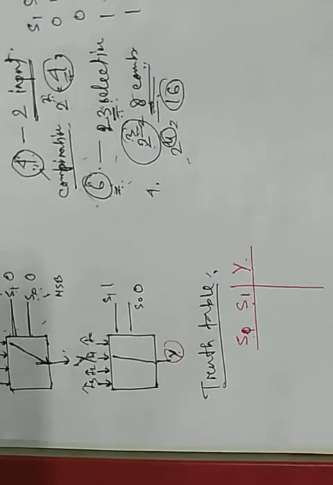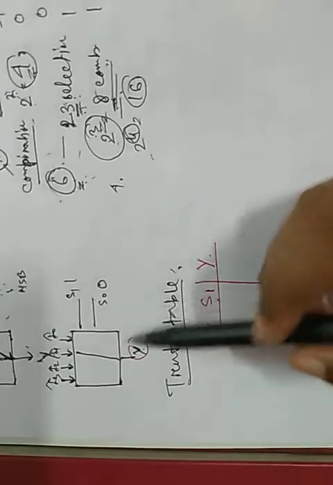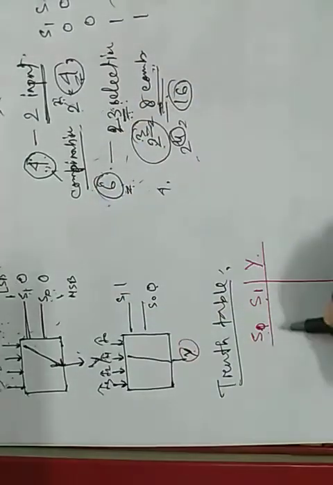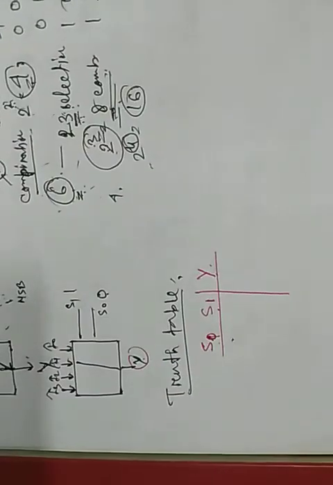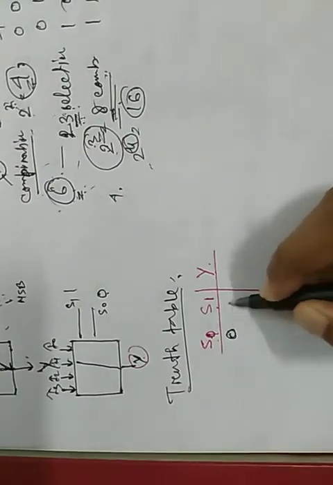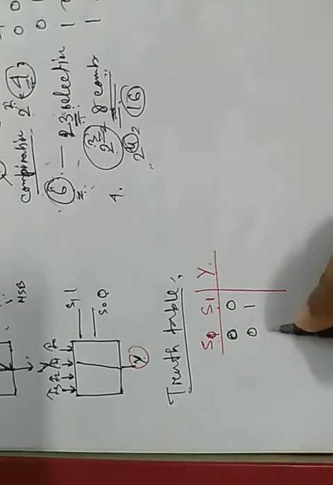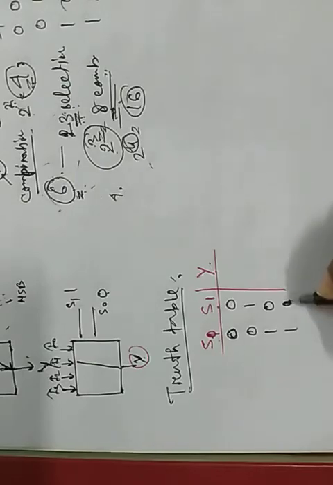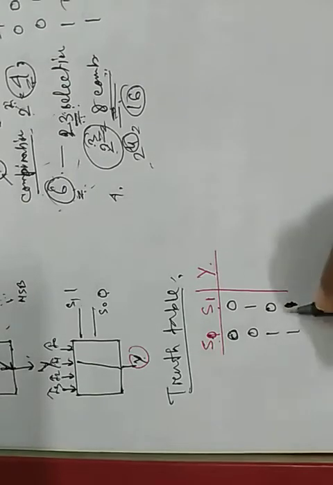Our combinations are, for the 2 selection lines, I am writing this way: 0 0, 0 1. All of you have done this truth table many times.